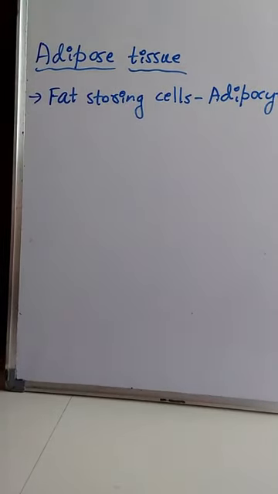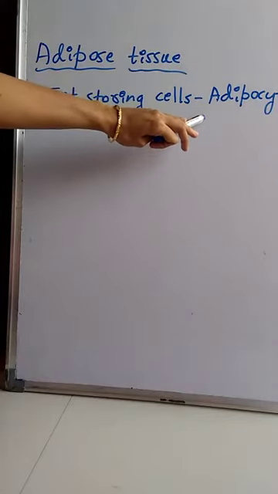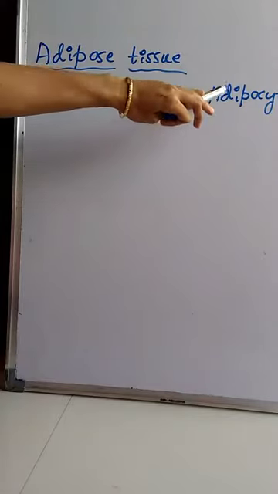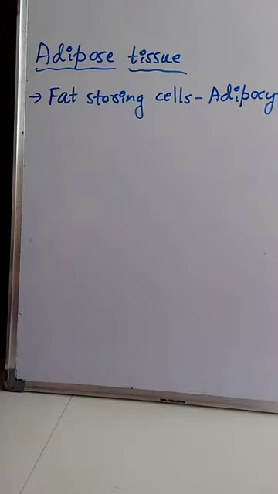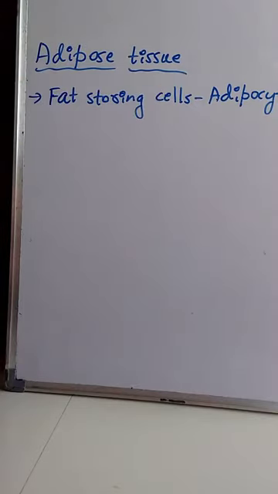Adipocytes are the fat storing cells, means these are the cells which are specialized to store fat in the body. Storage of fat in the body takes place in the adipocytes.